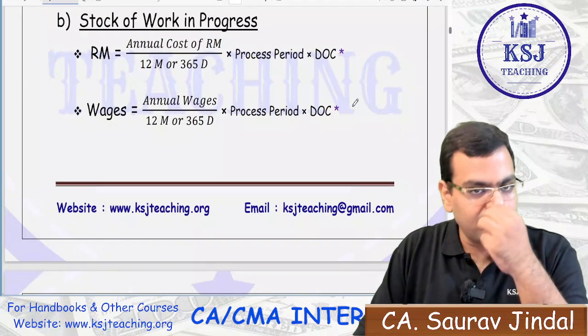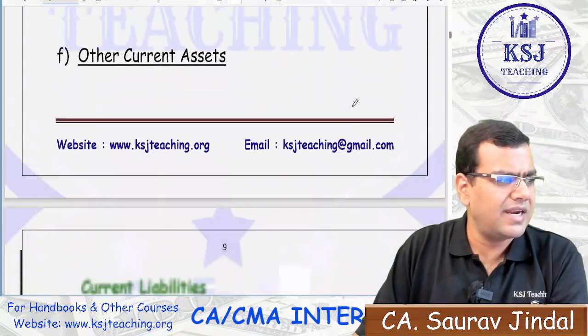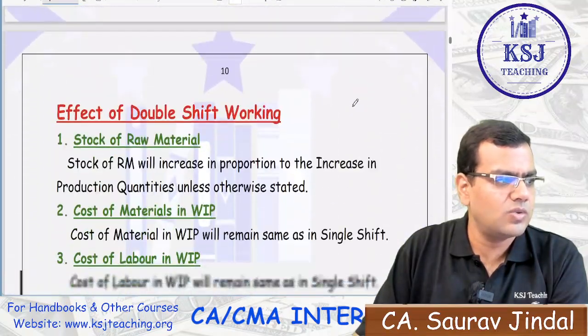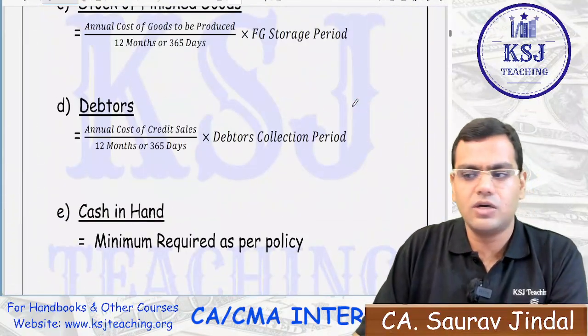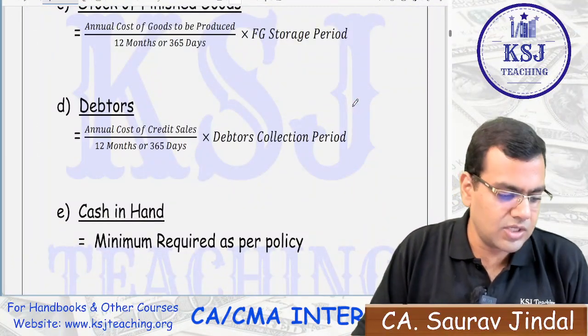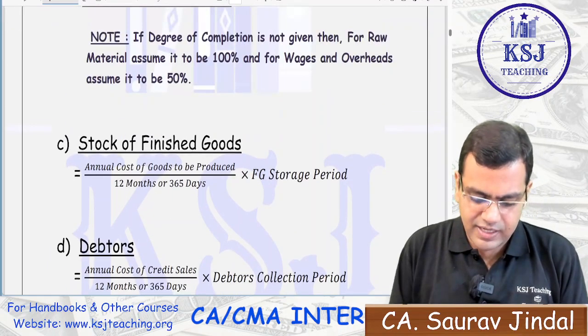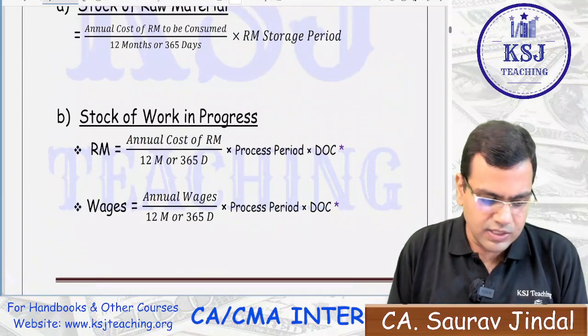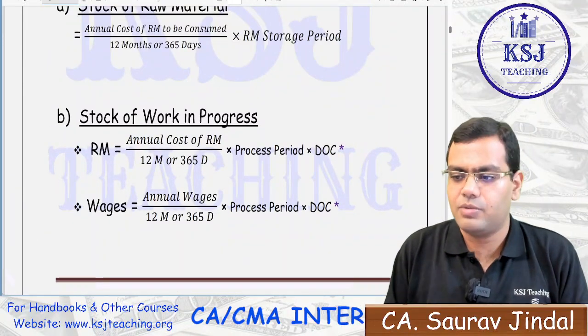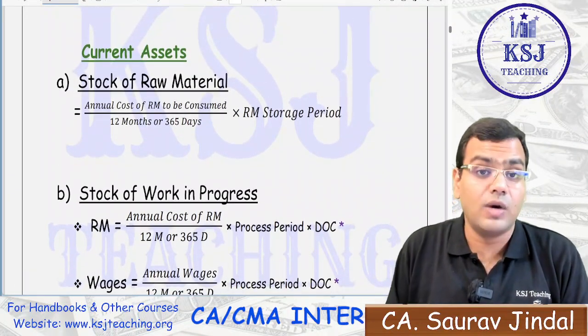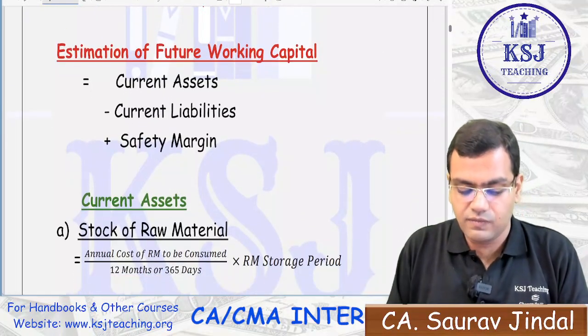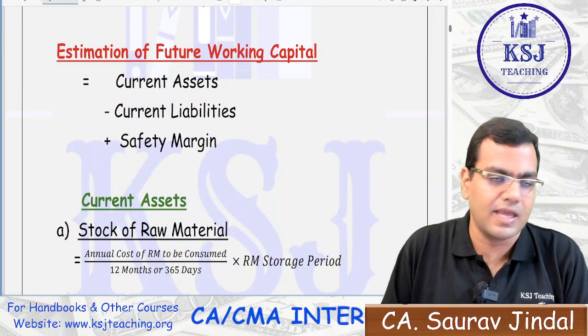Estimation of current assets, then debtors, cash in hand, current liabilities will be there. This is the major topic that we'll be covering in the next lecture, with a lot of examples. I'm not going to cover it directly from here. I'll make you write a few things, and we'll cover it with the help of a few examples and try to understand the logic, how we are trying to estimate the working capital.